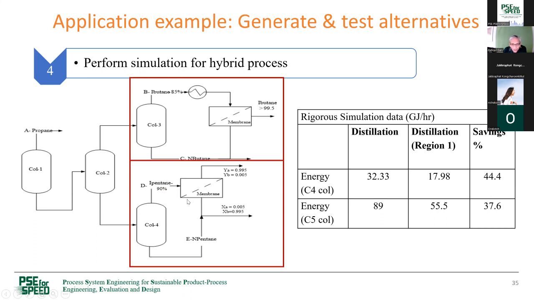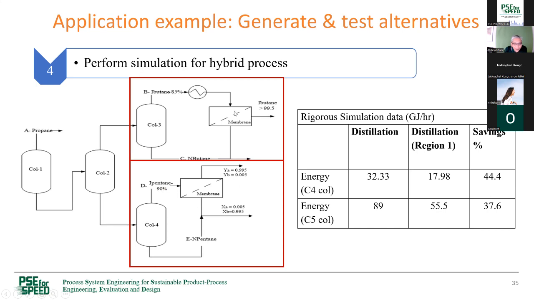So not only do we make a profit, we also improve the environment and reduce the carbon footprint. So it is possible to improve the environment and at the same time make profit if the problem is formulated correctly. And what we need here is no change in the distillation column.